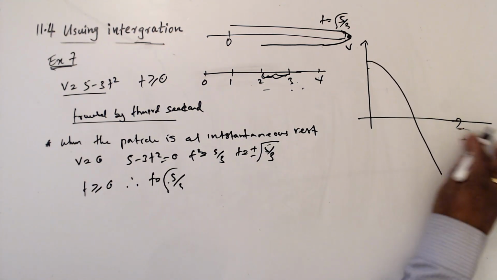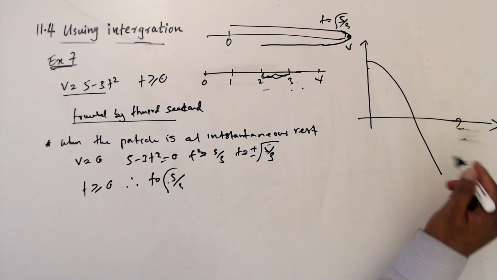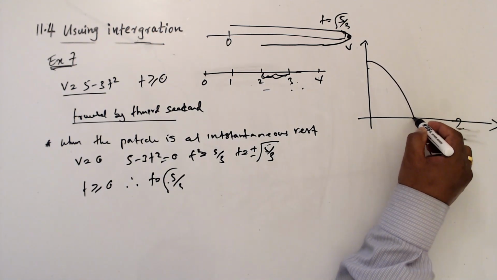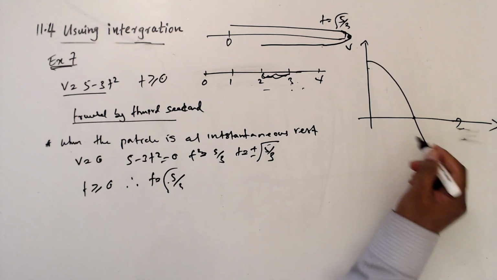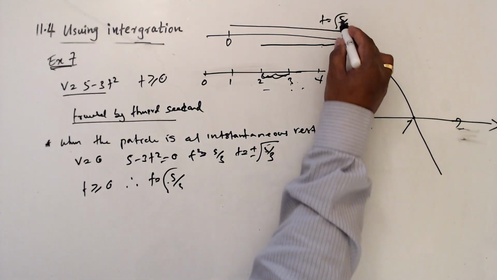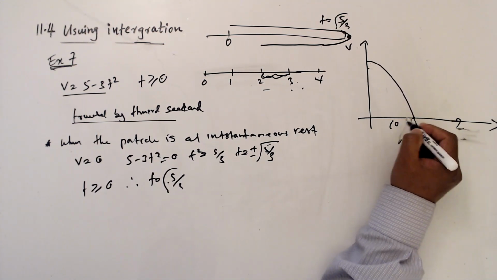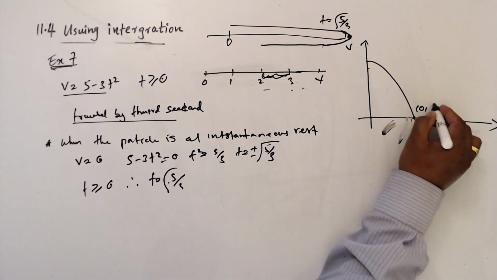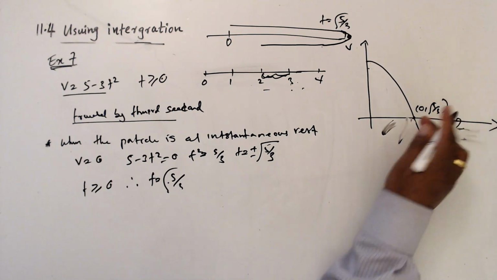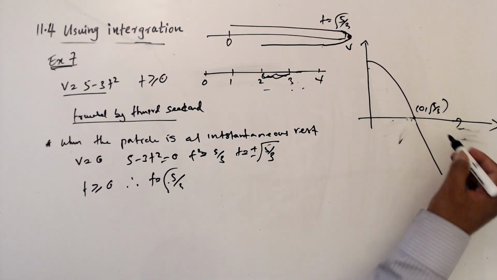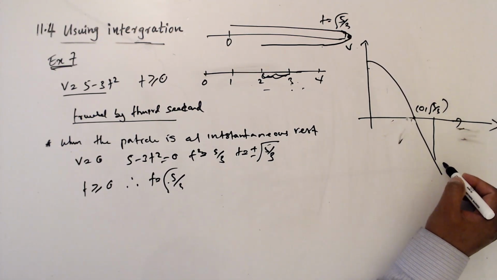Now this point we found out: this point is square root of 5 over 3. Now the 2 to 3 distance is somewhere here.